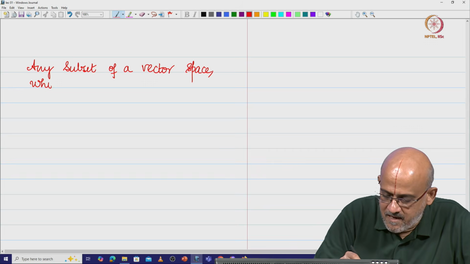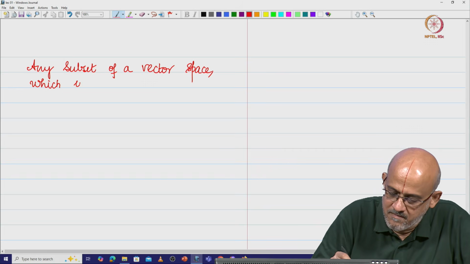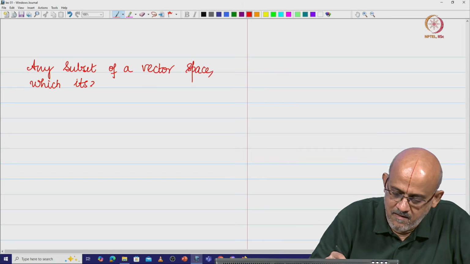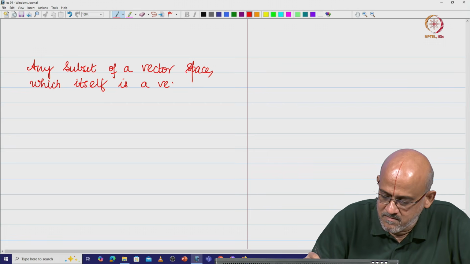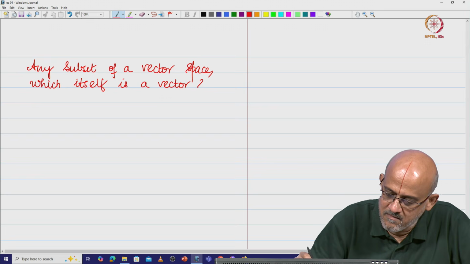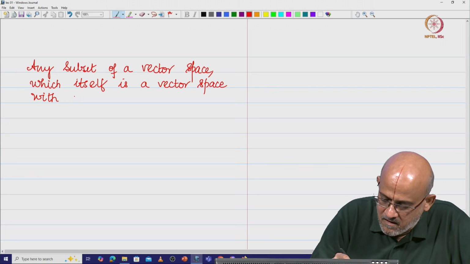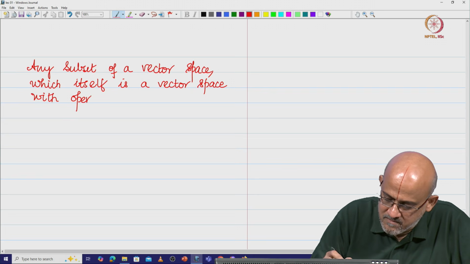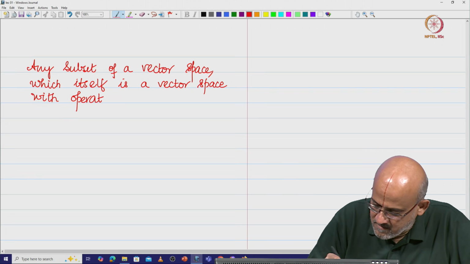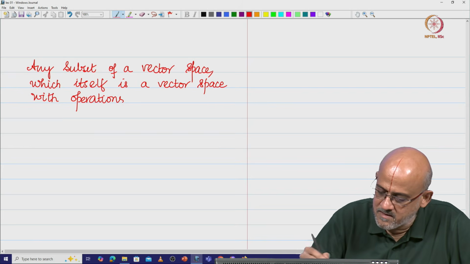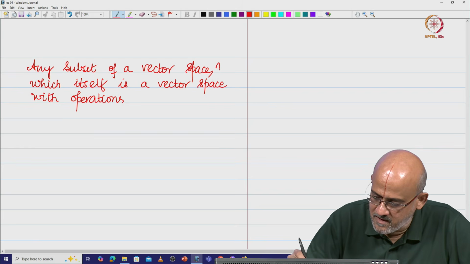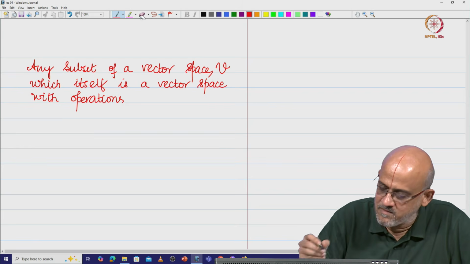Let me just make this any subset of a vector space V, I will put it that way so that it does not confuse.